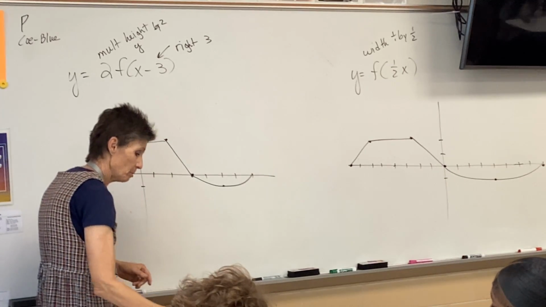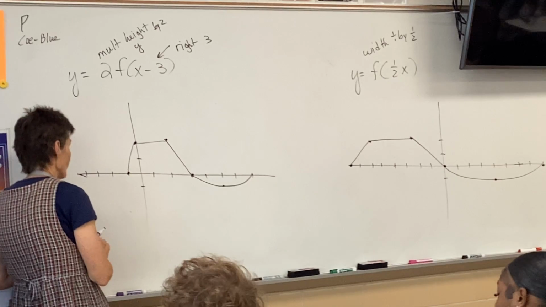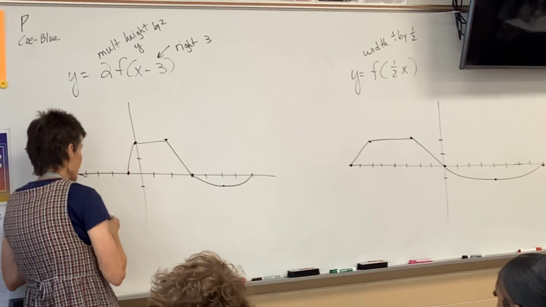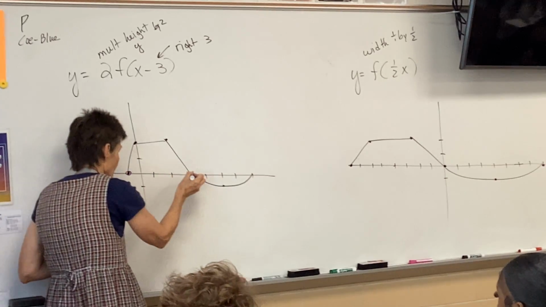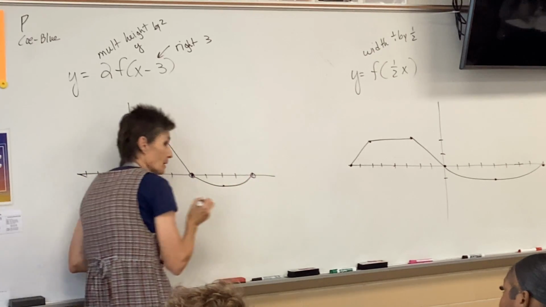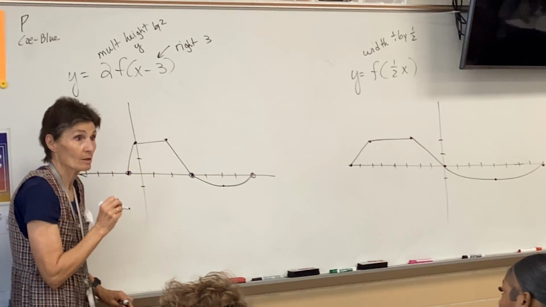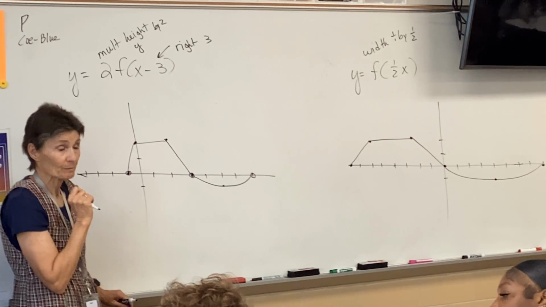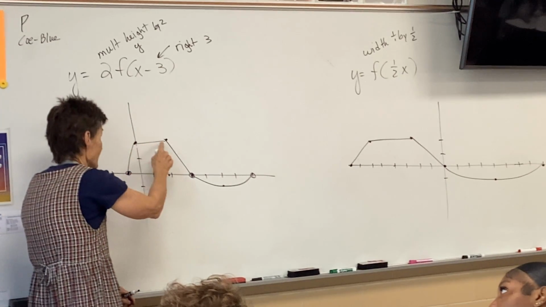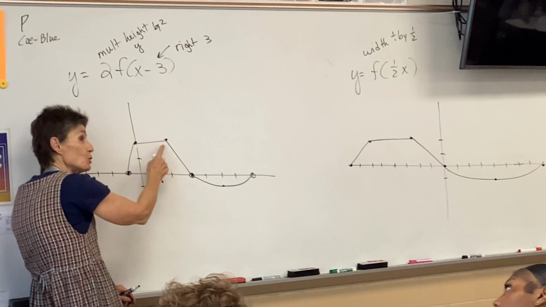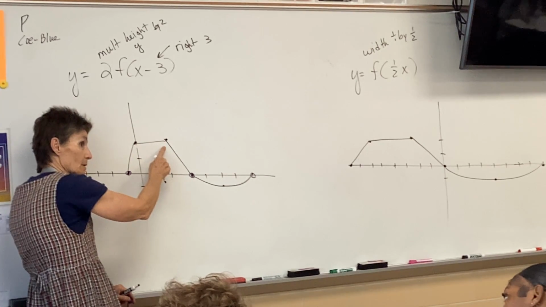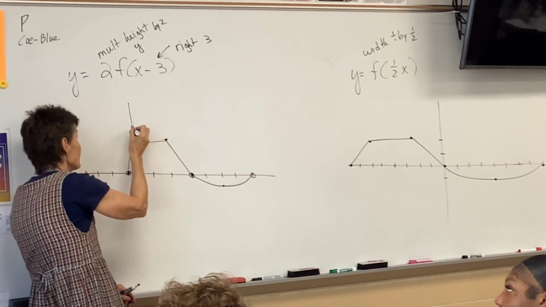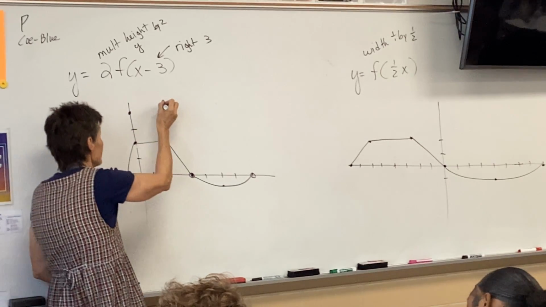Now I gotta multiply the y's by 2. Would you agree that these y's are changing? Because those y's are 0, and 0 times 2 is still 0. But these guys, which are now at 2, are going to be at 4.